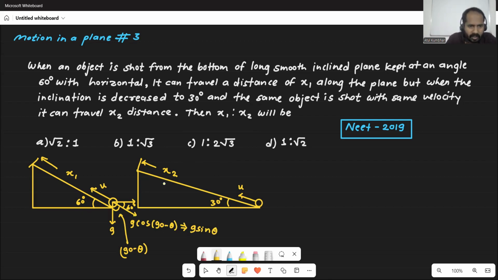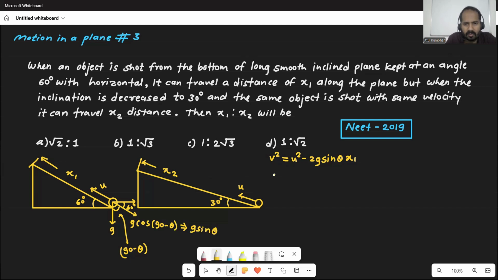So we'll find out x1 here. According to Newton's third equation of motion, v square is equal to u square minus 2 g sine theta times h, where h is nothing but x1. As the ball travels that distance, it will stop over there, so we can consider v as 0.